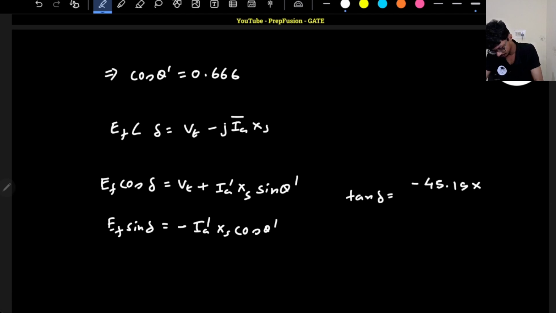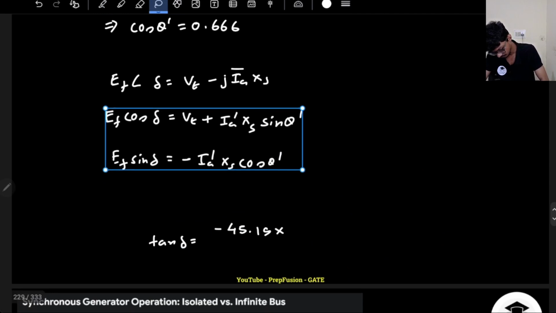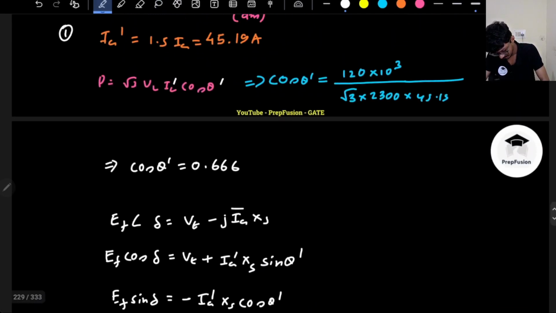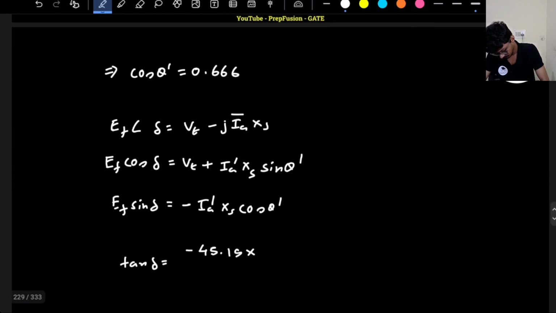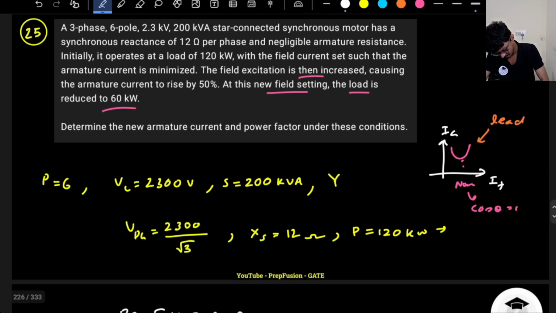45.19 into XS. XS is, I guess, what was the value of XS? 12.